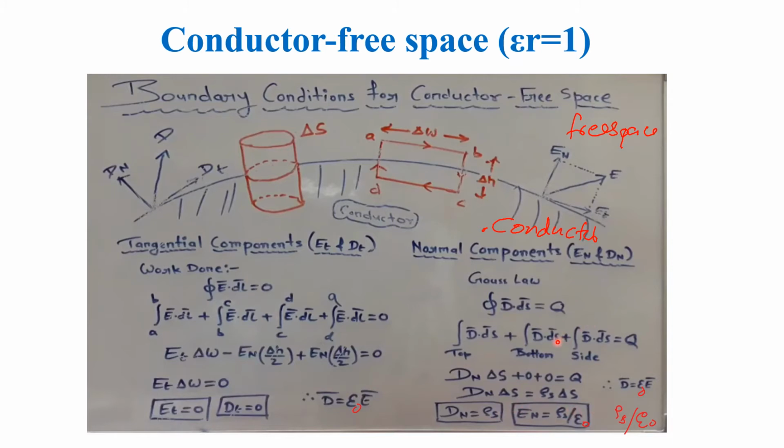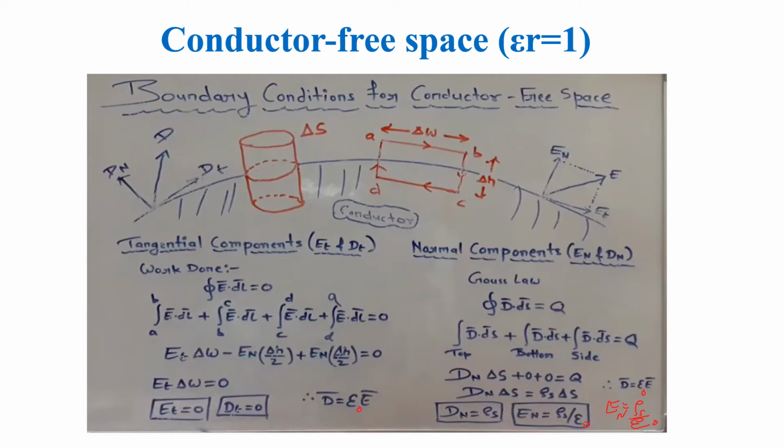But what is Q? Q is the total charge enclosed. The total charge Q is equal to charge density times delta S, rho s times delta S. In the case of a conductor, the charges are located on the surface, and inside this Gaussian surface the charge enclosed equals rho s times delta S. So therefore, Dn times delta S equal to rho s times delta S. Delta S cancels, and that gives Dn equal to rho s.